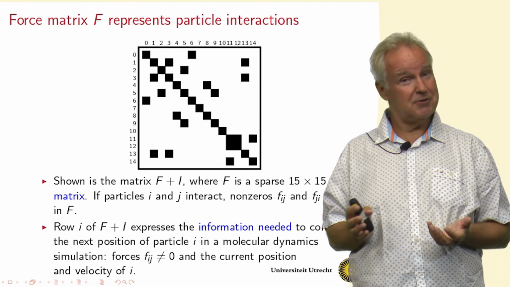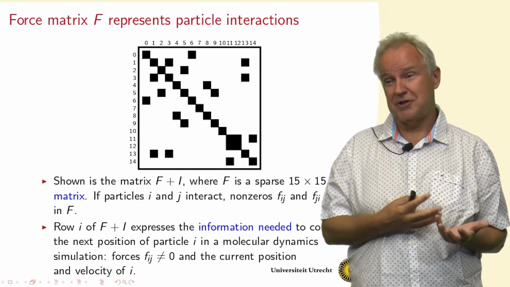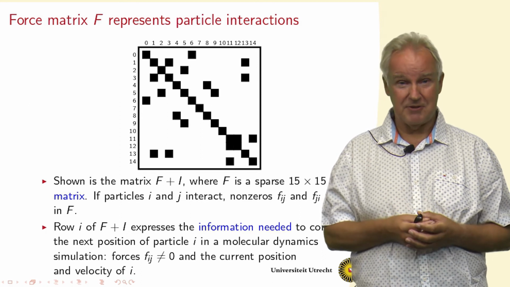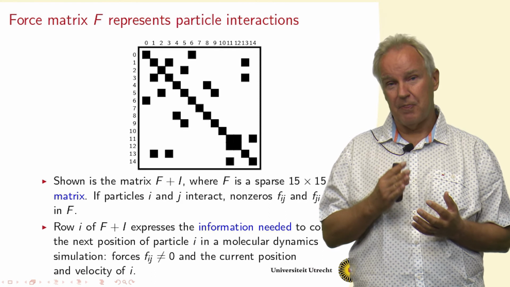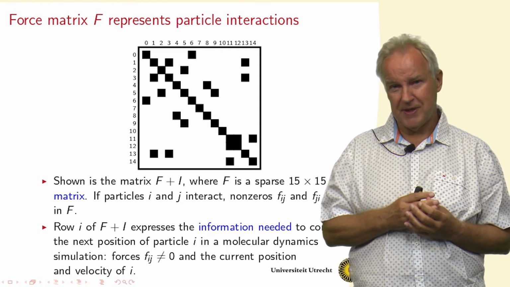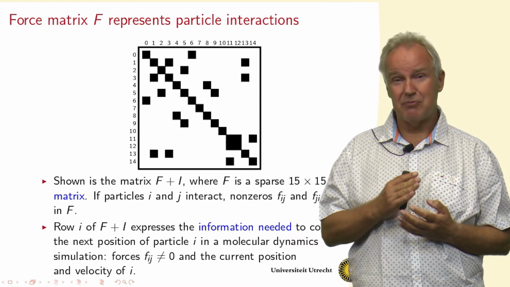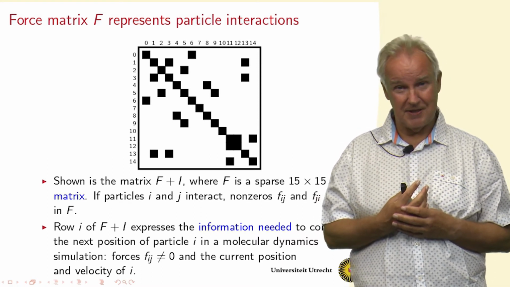Particles that do not interact cause a zero. Here you see that for the system that we have, this is a sparse matrix. What I also show in this picture is not the force matrix F, but F plus I, where I've added the identity matrix to the diagonal.